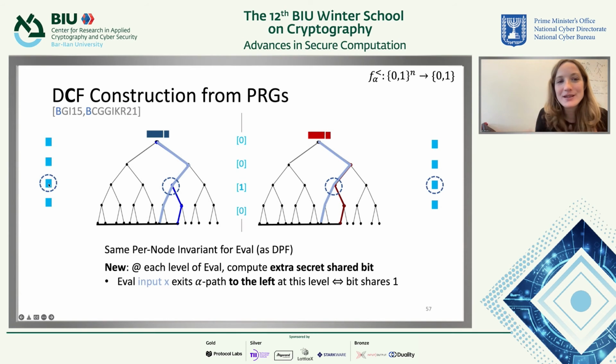Rather, we're going to construct it so that I get secret shares of 0, secret shares of 0, and bam, as soon as that happens, I know that this input satisfies the predicate. This is precisely the moment when we know that x is less than alpha. At this level, I generate secret shares of 1, and then from there, I continue generating secret shares of 0 again.